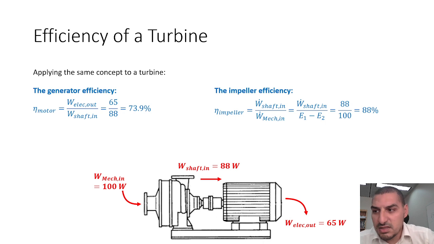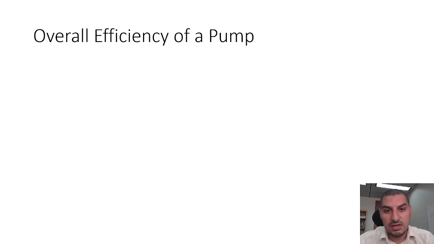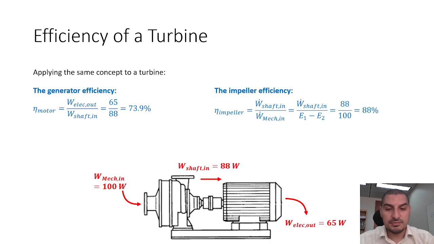Now, it seems nice and simple and very easy to deal with, but there is one thing here that will make the use of these efficiencies not very practical. This depends on our ability to measure the different terms in these efficiencies.